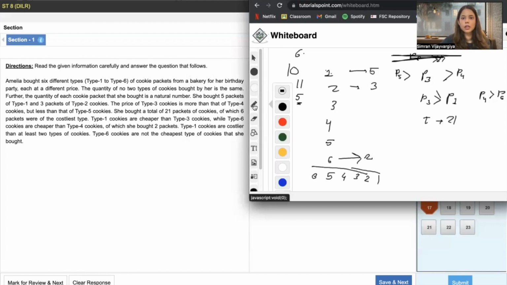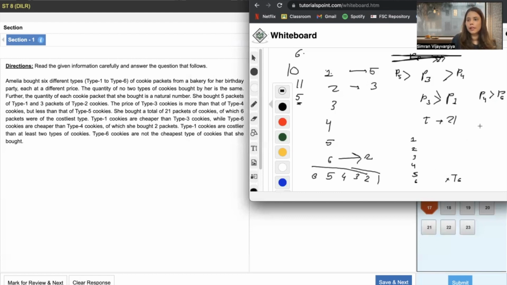Okay. Let's come back to this. Most expensive, say least expensive. Let's go. 2, 3, 4, 5, 6. Type 6 cookies are not the cheapest cookies that she bought. This is not type 6. Type 1 is cheaper than at least 2 types of cookies.